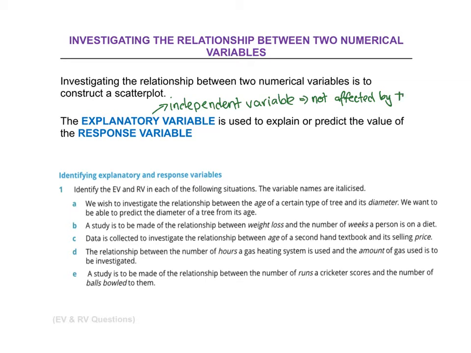If you think about our weight and our height, can your height change because of what you eat? No. Your height is what you got to begin with, and it's not going to be changed, is it? So that one would be the explanatory.